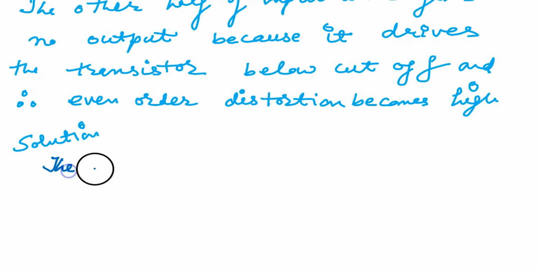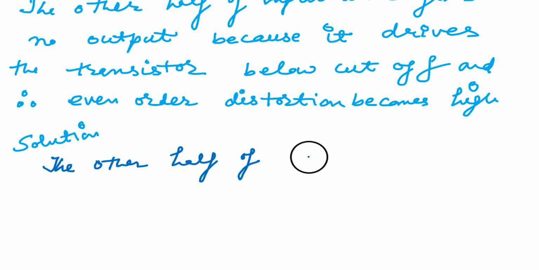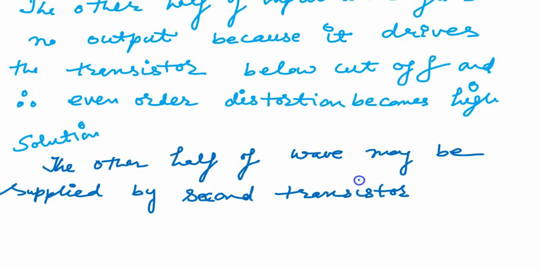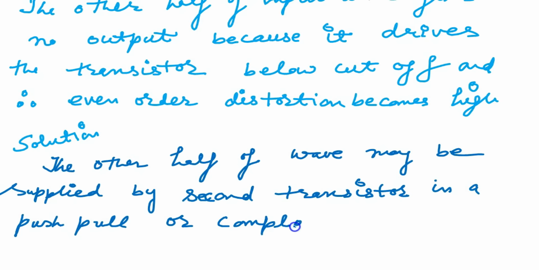Now what is the solution? We should handle the other half of the wave by a second transistor. One transistor handles one part of the wave, the other transistor handles the second part of the wave. That is called a push-pull amplifier or complementary circuit.